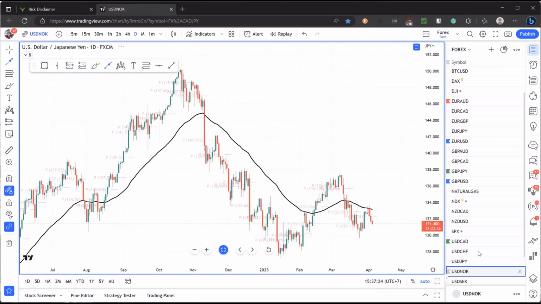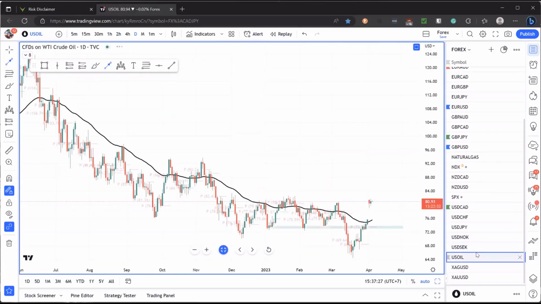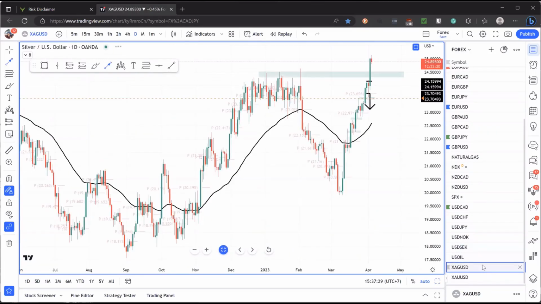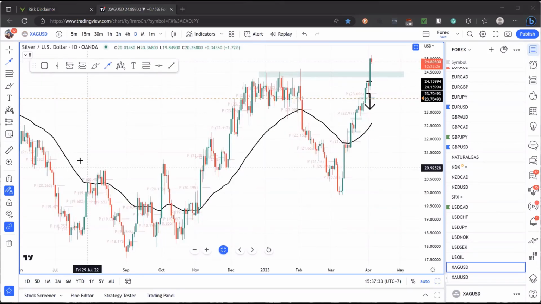Other than that, I'm not sure. US dollar, maybe the US is waiting for NFP day. Europe is, I think, getting ready for the weekend. I think we do have a bank holiday, definitely on Monday as well.